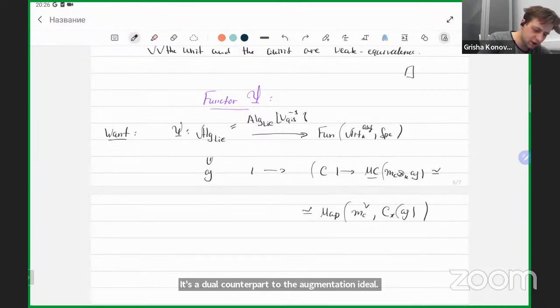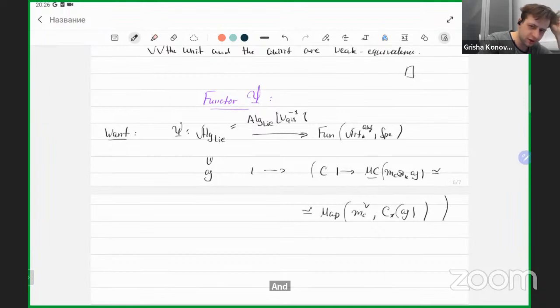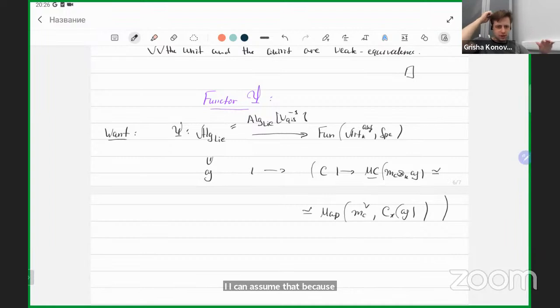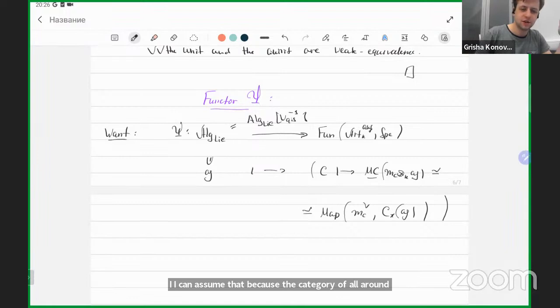And here, I guess, I want to assume that the augmentation ideal was actually finite dimensional. I can assume that because the category of all Artinian augmented local algebras is equivalent to the category of differential graded Artinian augmented local algebras, which are actually finite dimensional, with the quasi-isomorphisms inverted.